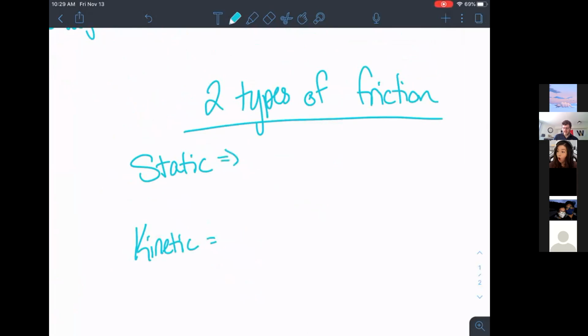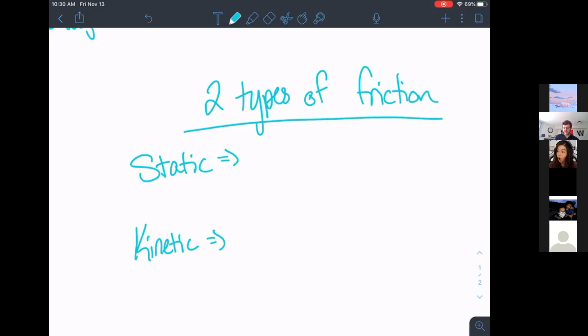Do you guys have a guess as to what either of those two are? One's moving and one's not. Exactly. So one of them, the object is moving and there's something trying to slow it down. The other one, the object's not moving, but there's a force being applied, but the friction is too strong. And so the force of friction is holding it still.